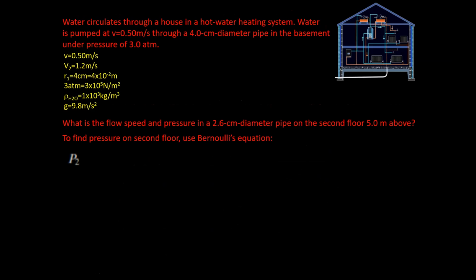Now we're armed with the velocities. So now we have V1, V2, R1, and we have our pressures, we have our densities, and we have gravity. The question is here, what's the flow speed and pressure in the pipe 5 meters above? We just used the equation of continuity. Now we have to use what's referred to as Bernoulli's equation.